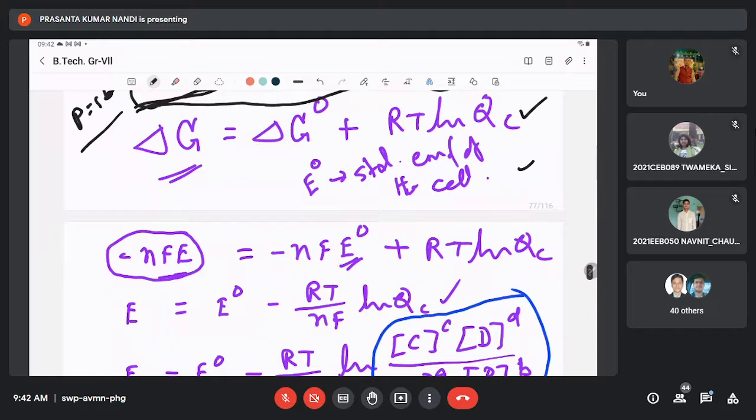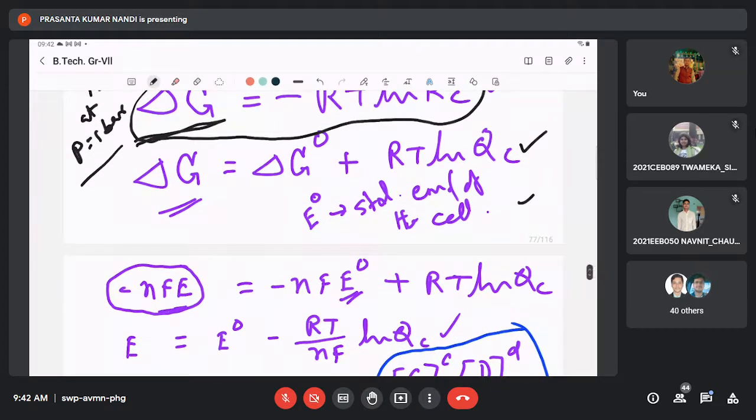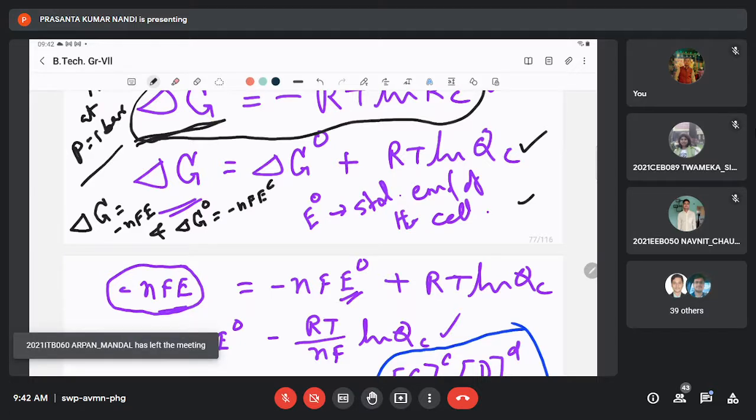As you know from our earlier discussion, delta G equals minus nFE and delta G 0 equals minus nFE0.